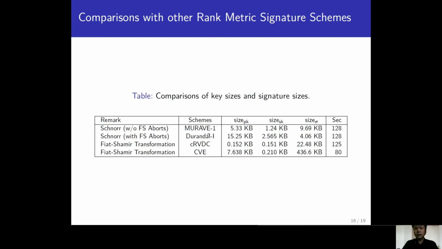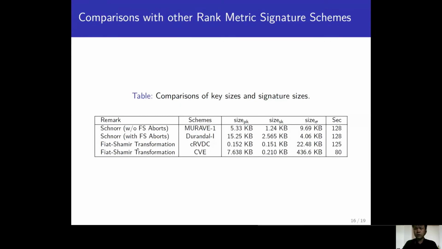Durandal was proposed in Eurocrypt last year, and it is a Schnorr type signature scheme with Fiat-Shamir with aborts. The public key size is about 15 KB, which is larger than our proposal, but their signature size is better than our proposal.